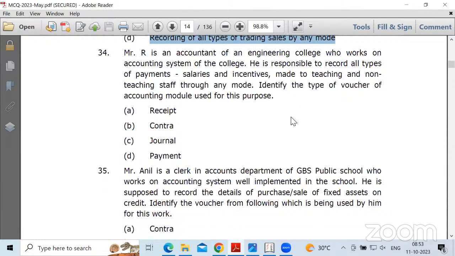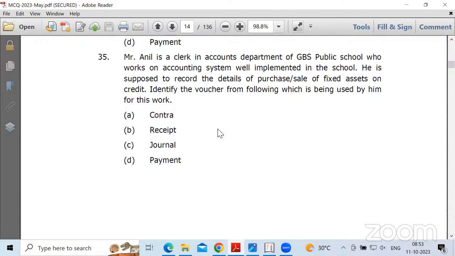Mr. R is an accountant of an engineering college who works on the accounting system of the college. He is responsible to record all types of payments, salaries, incentives made to teaching and non-teaching staff through any mode. Identify the type of voucher used for this purpose. Receipt, contra, journal, payment. So this is the payment voucher.